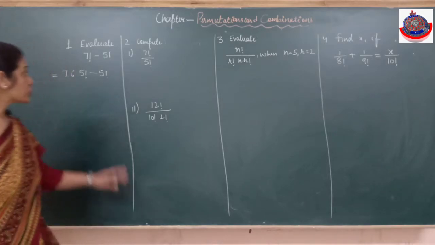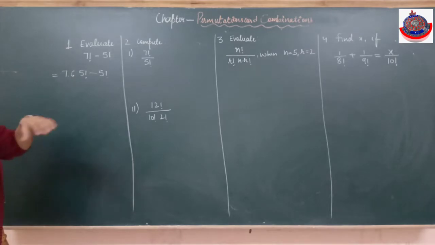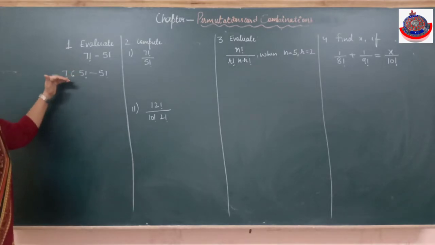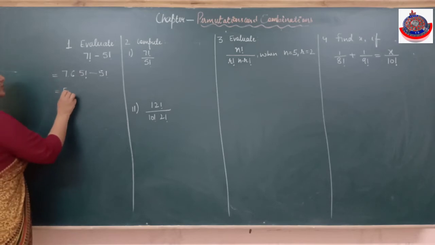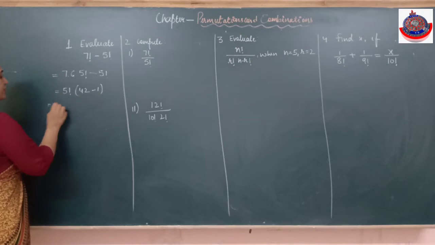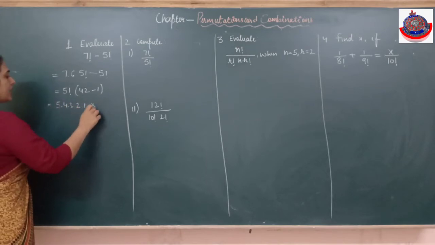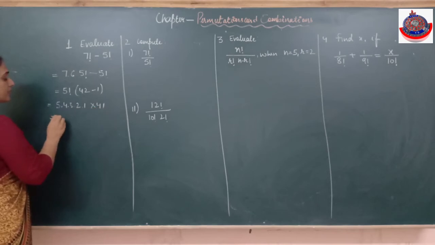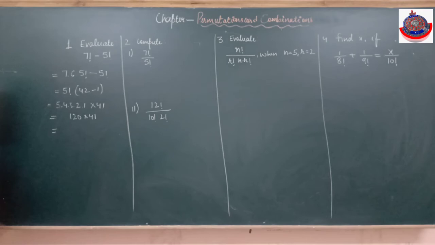That's easier, instead of solving this completely and then subtracting. So let's be a little smart. I'll write 7 factorial as 7 into 6 into 5 factorial minus 5 factorial. So I'll take 5 factorial common. What is 5 factorial? 5 into 4 into 3 into 2 into 1. And this is 41. 120 into 41. Is it clear?